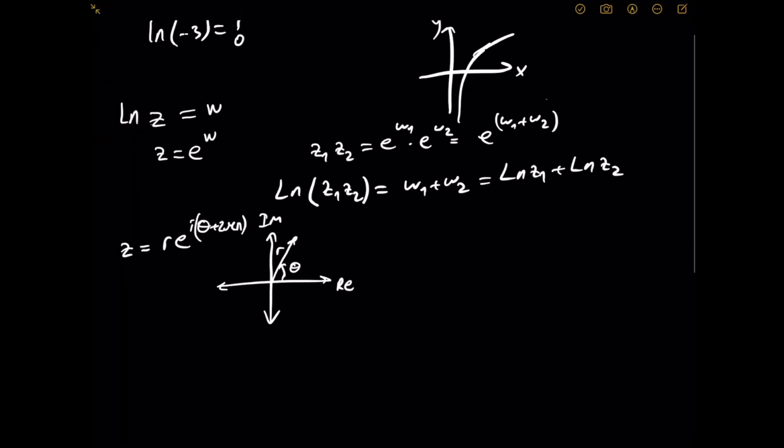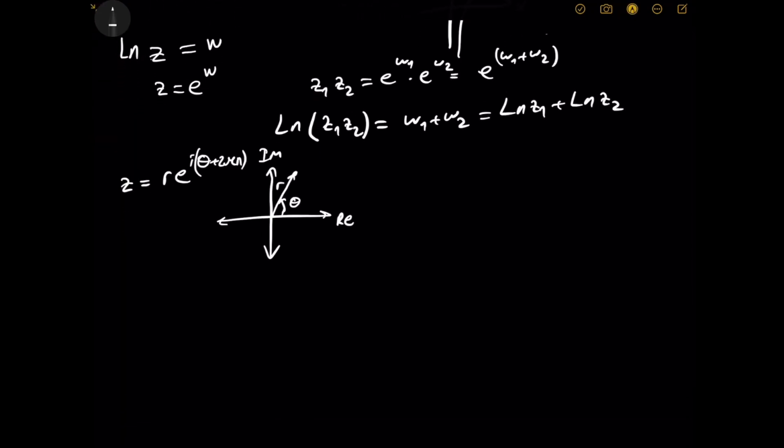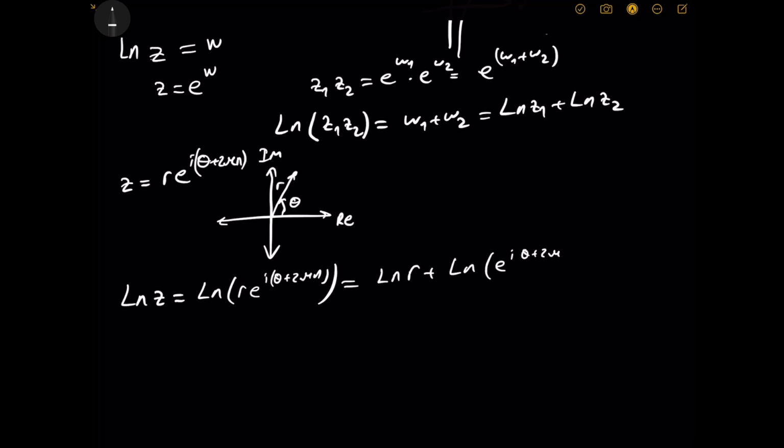Now, if we were to take the Ln of this complex number, and this is the new Ln function that we're defining, it's going to be Ln of this product, and we just saw that we can treat products as we used to for the natural logarithm function that we already know. So that's the value that you have.